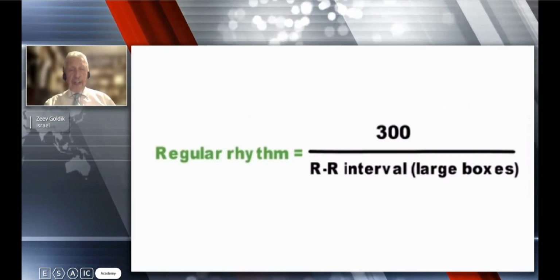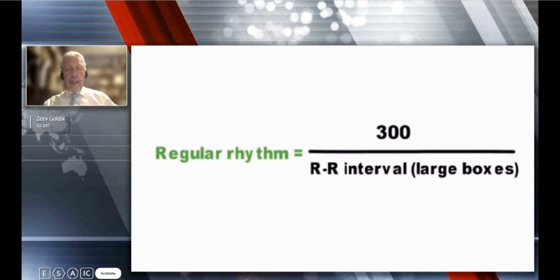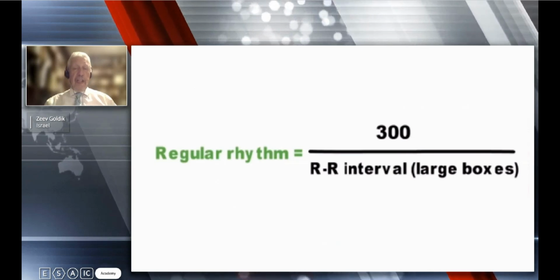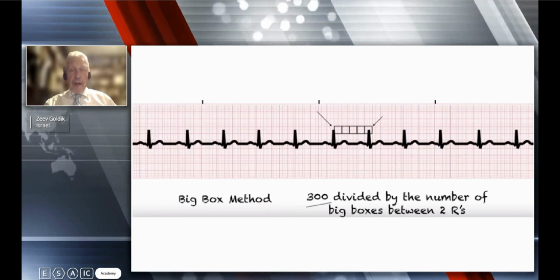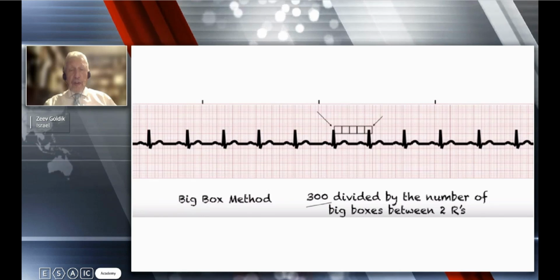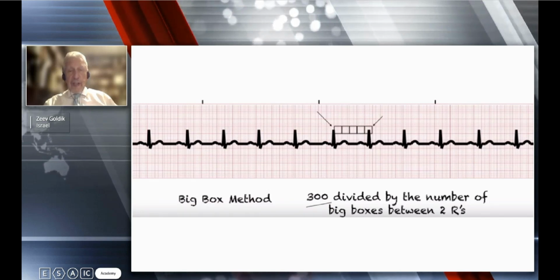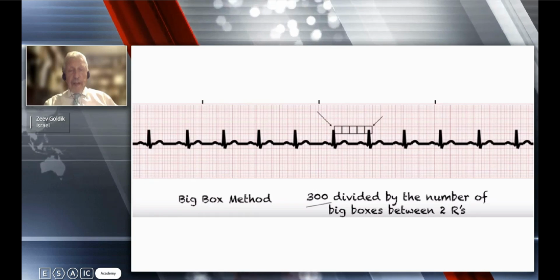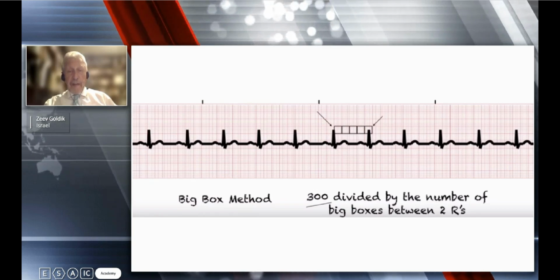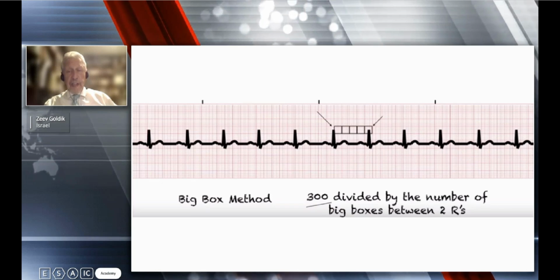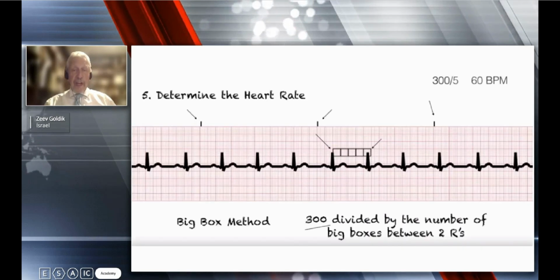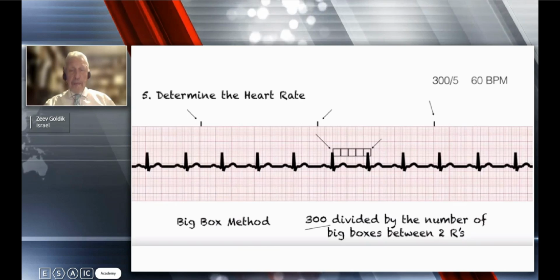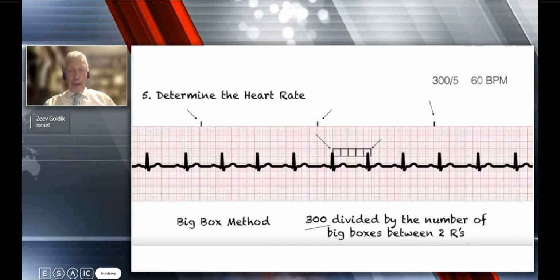If the rhythm is regular, and only if the rhythm is regular, we can count how many big boxes we have between two QRS complexes, in this case 5, and we divide 300 by 5. So this patient has a rate of 60 beats per minute. This is only when the rhythm is regular.